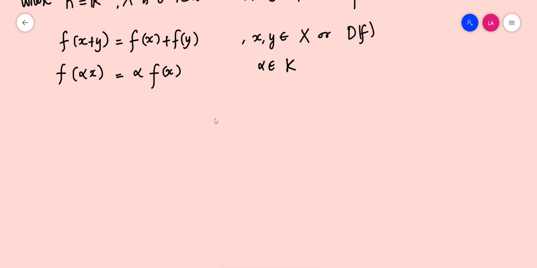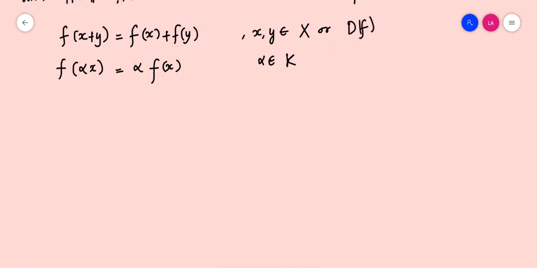like the property of boundedness. We know that a linear operator T is bounded if there exists a real number c such that norm of T(x) is less than or equal to c times norm x. Here also, instead of T we have f.